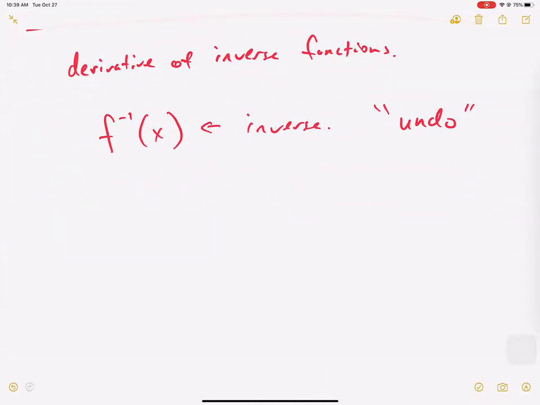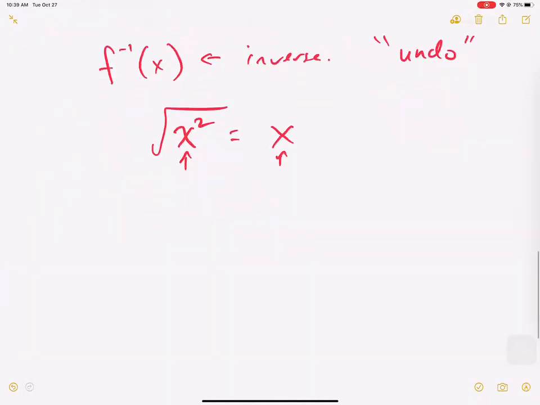So the simple examples, without getting into it: if I have x squared, to cancel out x squared, I take the square root. They essentially cancel the operation out. The operation of times 2 would be divide by 2, essentially canceling out the 2.